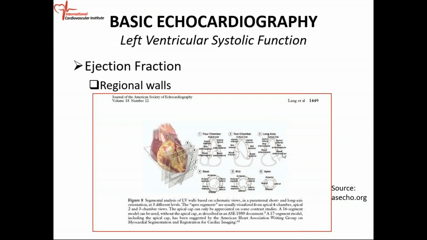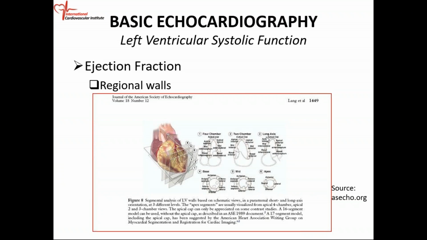And for the 3-chamber view, you can do the same thing. Remember what we said, with your apical 3-chamber view, this is your anterior septum. So you have your basal anterior septum, mid anterior septum, apical anterior septum, apical cap. And this is your inferior lateral wall. So your basal, mid, and apical inferior lateral.